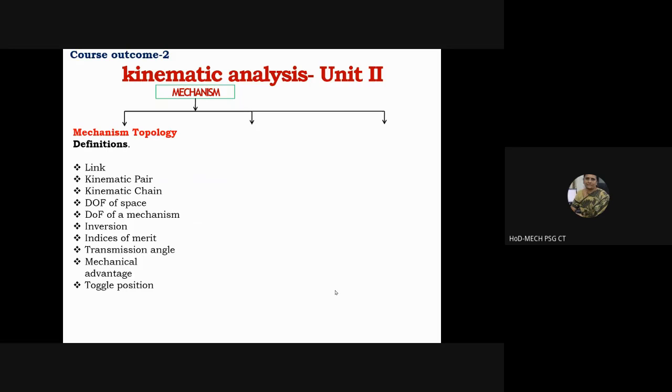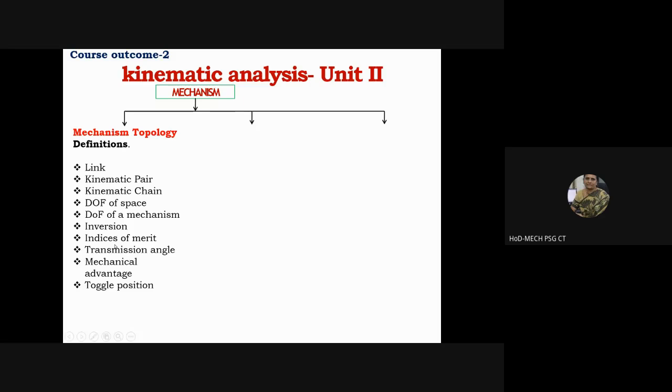So initially we learned about mechanisms, the topology or definitions. I think now all of you are familiar with the definitions like what a link is, the types of links, what are the different types of pairs, what we mean by kinematic chain, and when a chain becomes a mechanism, and how to calculate the degree of freedom of a mechanism for a planar case, what if it is a special mechanism, what inversions are, why we have the concept of inversions, what are the various inversions of the different types of chains like four bar chain, single slider chain, and double slider chain.